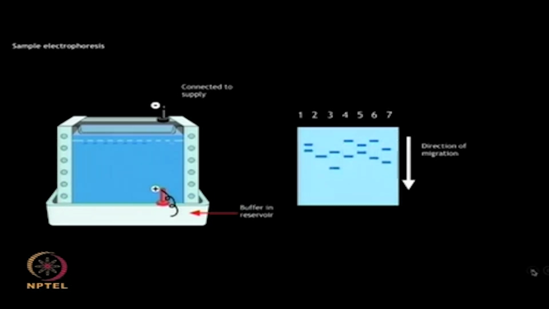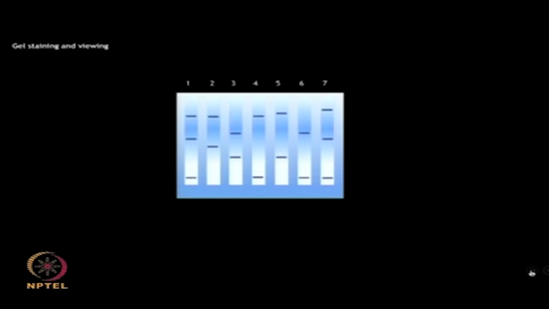The progress of electrophoresis can be observed with the help of tracking dye. The larger proteins are retarded in the gel and remain close to the point of application, while the smaller proteins migrate further along the gel. The gel can then be stained with Coomassie brilliant blue and viewed to observe various discrete protein bands.